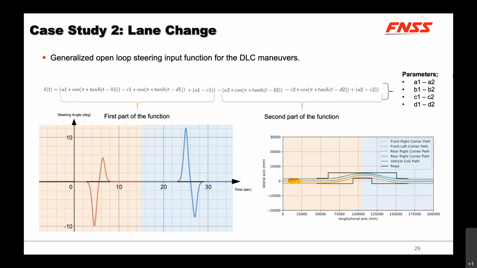We are trying to find a perfect steering input signal so that our vehicle completes this course, and we are actually trying to optimize these parameters with our genetic algorithm in this case.